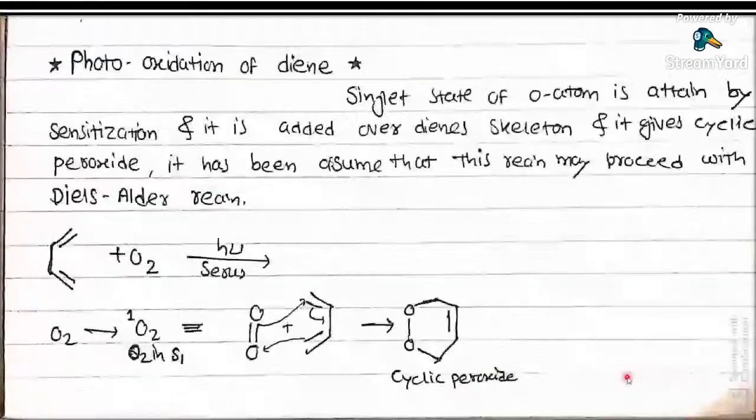So after sensitization, it will go to the singlet state, and in that singlet state it has two radicals, and those two radicals can combine with these two pi bonds, and it will give you the cyclic peroxide as a structure. As you can see, the two radicals will be there. One of the radicals will form a bond with this radical, as a result of which this bond will get shifted toward this position, and this bond will be formed with this oxygen, and as a result you will get this cyclic peroxide as a structure.